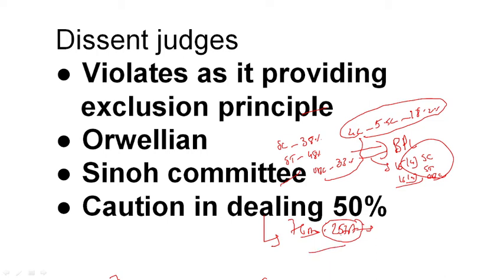The 76th Amendment of 1994 is one of the contentious amendments. Still, it is pending in the court. We will wait and watch for the update on this particular amendment, this particular article 257A.